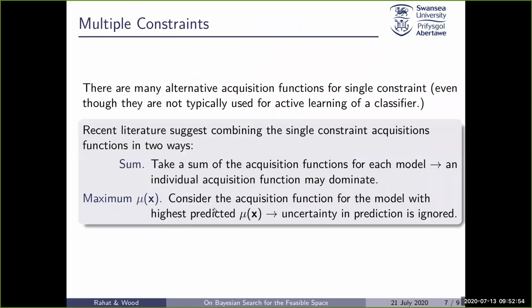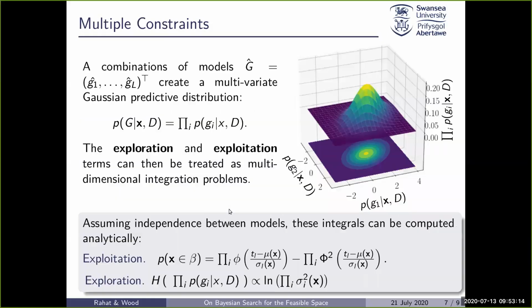Of course, we are interested in multiple constraints. In the literature, people have summed over all constituent acquisition functions, or they have considered the maximum predictive value and used that to select which acquisition function should be used. But we propose something different. We notice that the predictive distribution for multiple models is a multivariate Gaussian distribution.